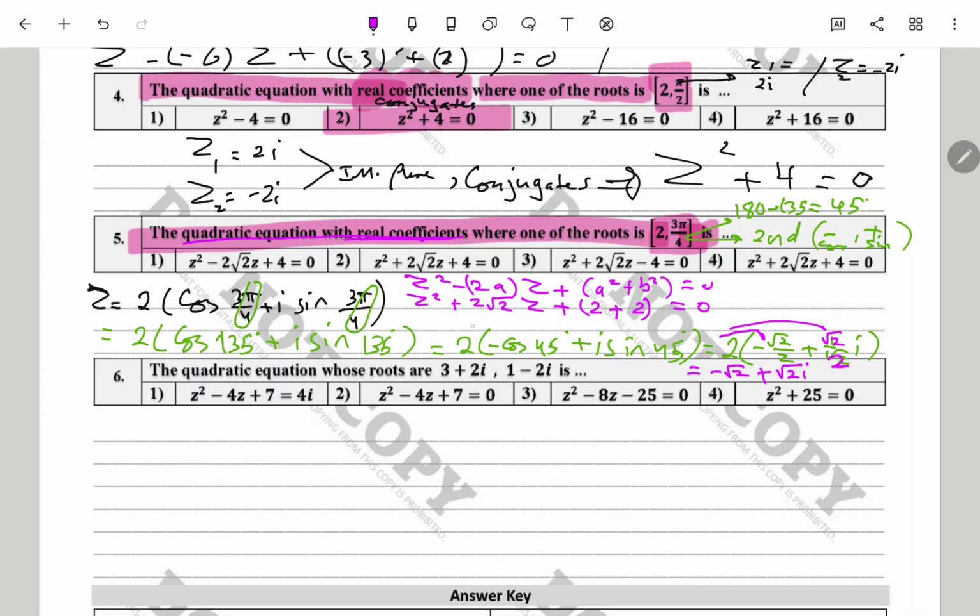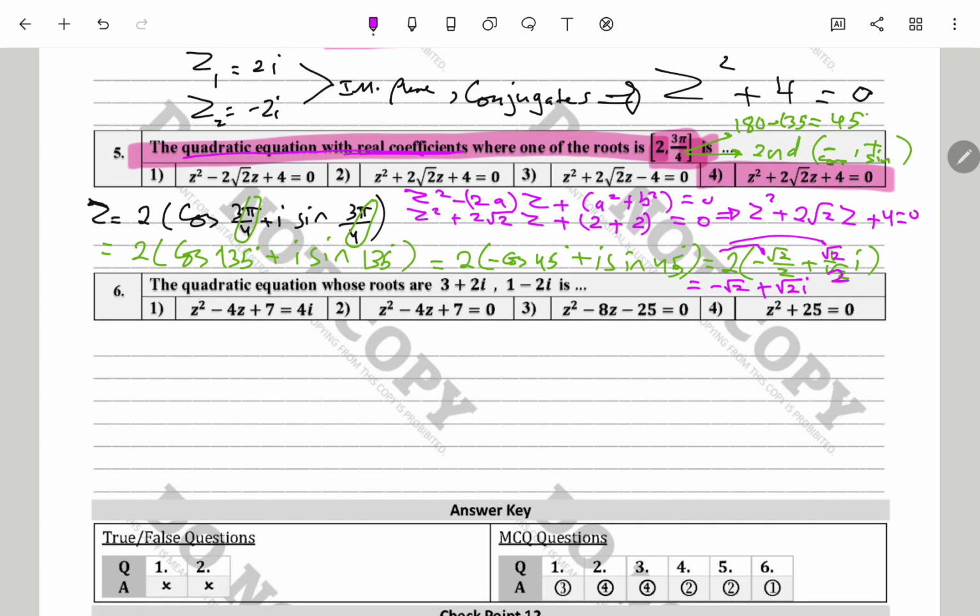And these together will give you 4. So the equation is z squared plus 2 root 2 z plus 4 equals 0, which is going to be alternative number 4.